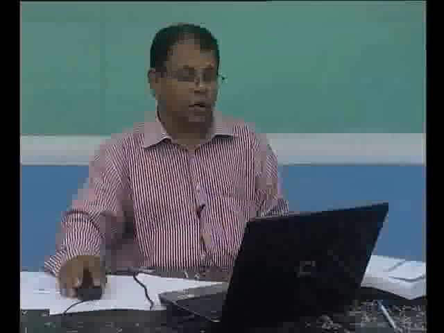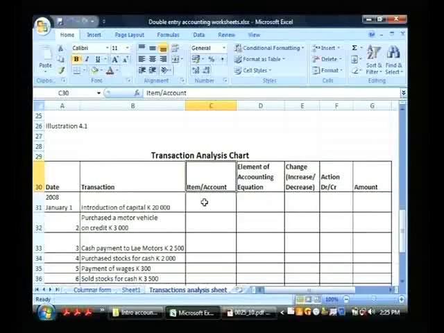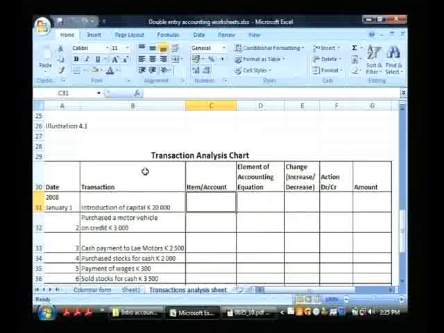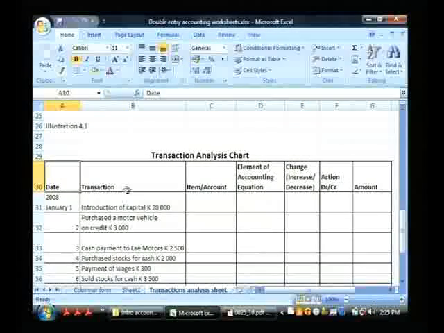Illustration 4.1. This relates to accounting for trading businesses. So now look at the illustration given to you. We will work out the transaction analysis chart similar to previous examples.